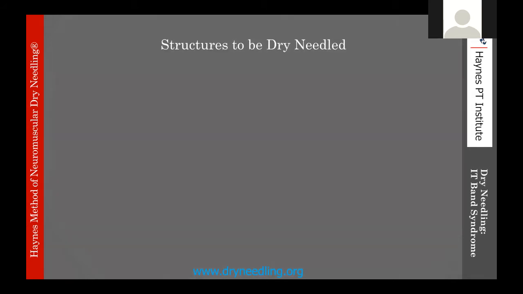So with IT band friction syndrome, both proximal and distal, there are quite a few different structures that could potentially be dry needled depending on the presentation and on the symptoms being demonstrated. Most definitely the tensor fascia lata, and we'll look at the anatomy here in a moment, which is the tensor piece to the iliotibial tract, both proximally and distally.